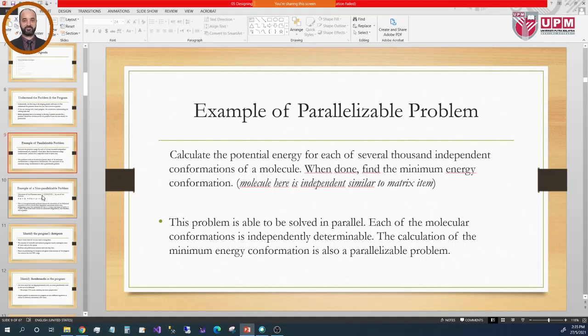Yes, Doctor. If you remember, last time I explained this when we took the example of matrices and how to multiply matrices, and how to divide or partition the work into some tasks. So maybe the first task will take the first row and multiply it by the first column of the second matrix.